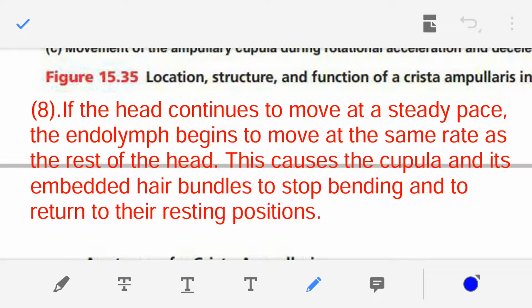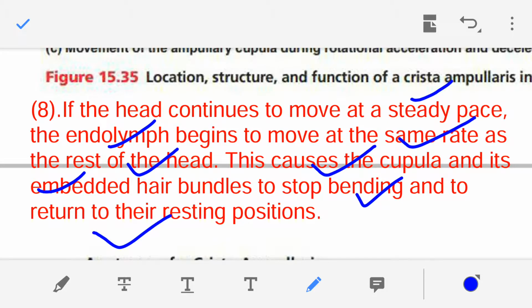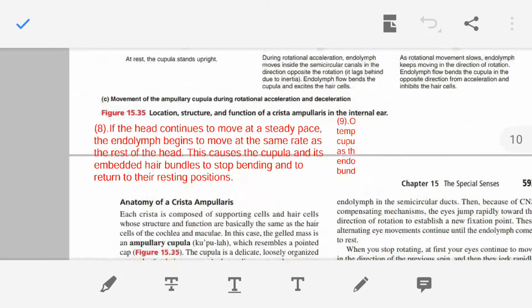What they are saying is, if the head continues to move at a steady pace, the endolymph begins to move at the same rate as the rest of the head. So this causes the cupula and its embedded hair bundle to stop bending and to return to their resting position. We have already discussed this.